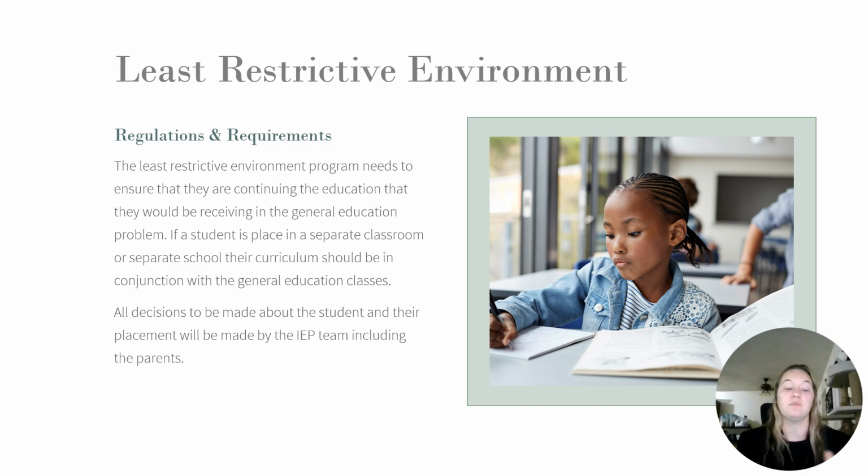Again, this is not our first step whenever we go into providing different changes for a student. We, of course, take other steps, and any decisions about the student and their placement will need to be made by the IEP team, including their parents.